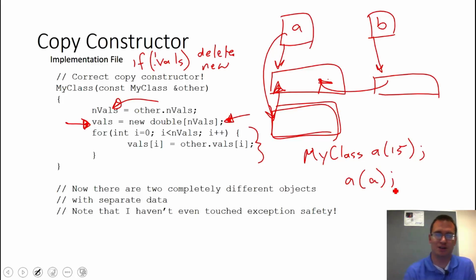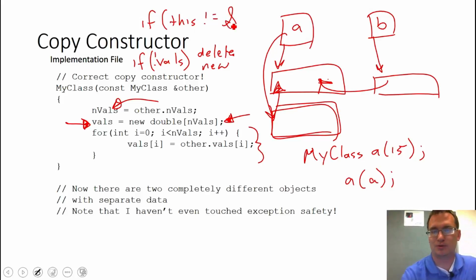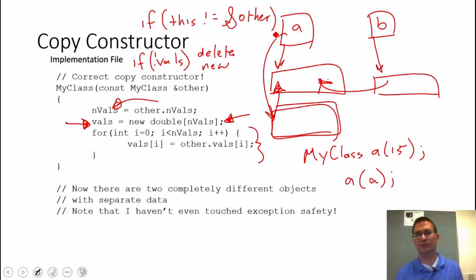And so they always say you should check for self-assignment. And the way you do that is the this pointer always refers to the object that we're currently inside of. And you just say if this is not equal to, I can't draw an ampersand, so we'll do a curly S, not equal to the address of other. So basically it's saying if these two pointers are not equal, then you can go ahead and do the copy. Otherwise, it's not necessary.